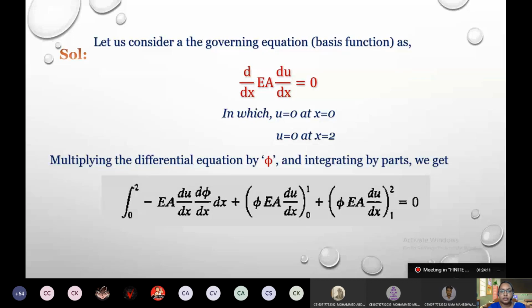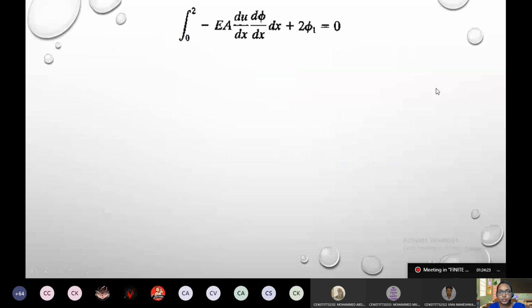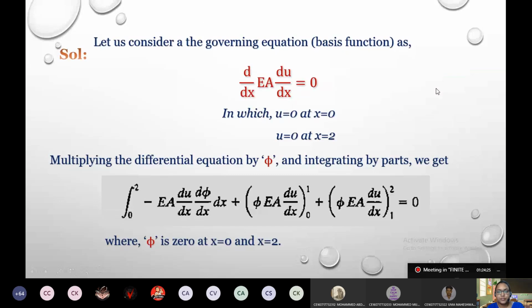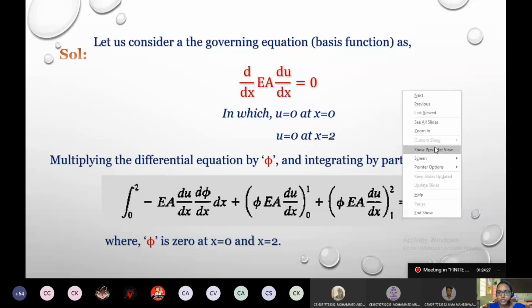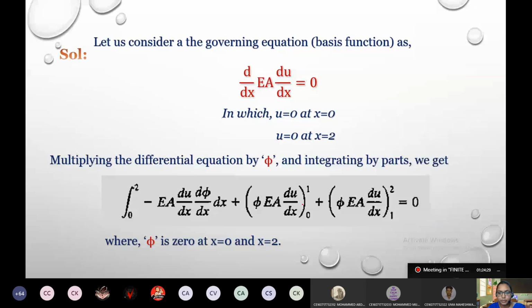Now when we apply the limits and solve this equation, we will reach this one. If you check, we have two different terms here. Let me take the pen. We have two terms where the limits are 0 to 1 and 1 to 2.